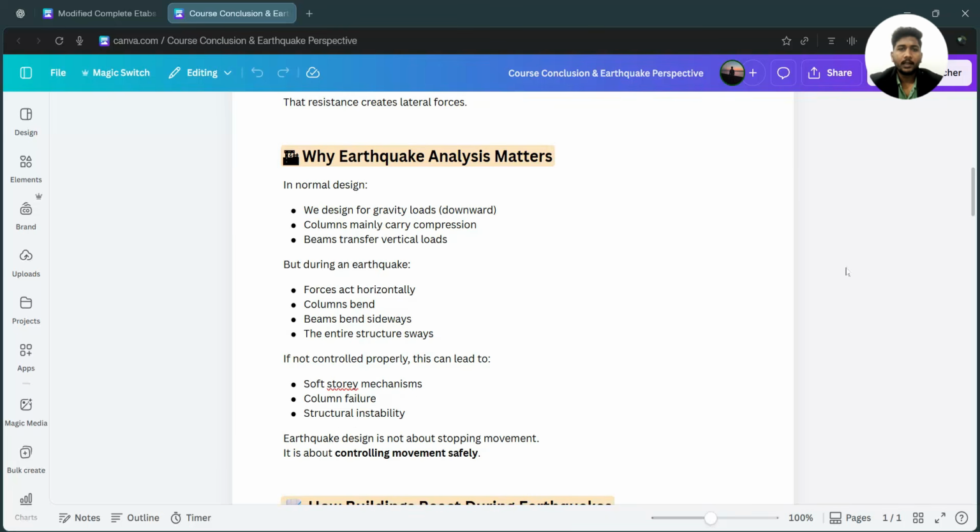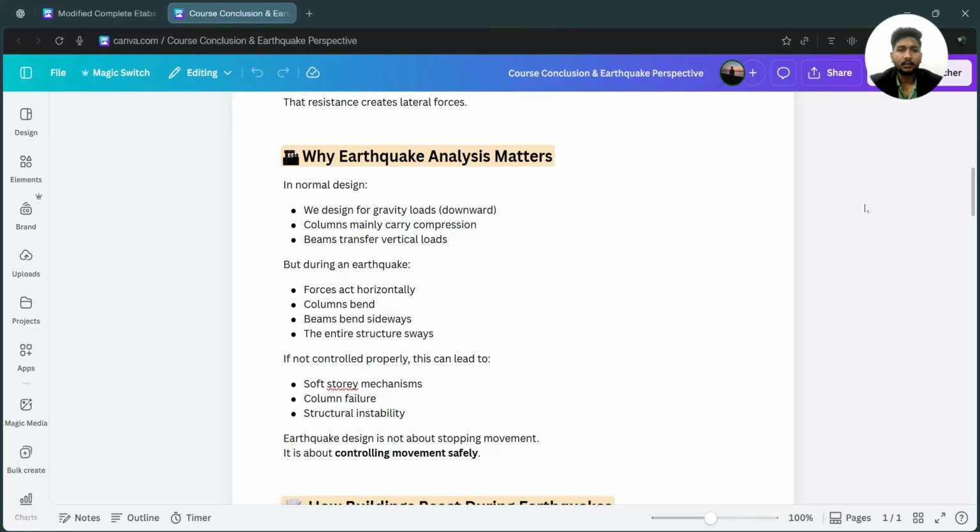So now let's see why earthquake analysis matters. In the normal design, we design for the gravity load that acts downward. Columns mainly carry compression and beams transfer the vertical loads.